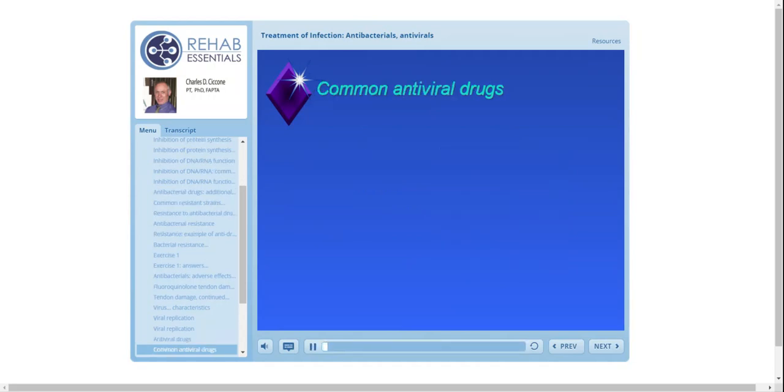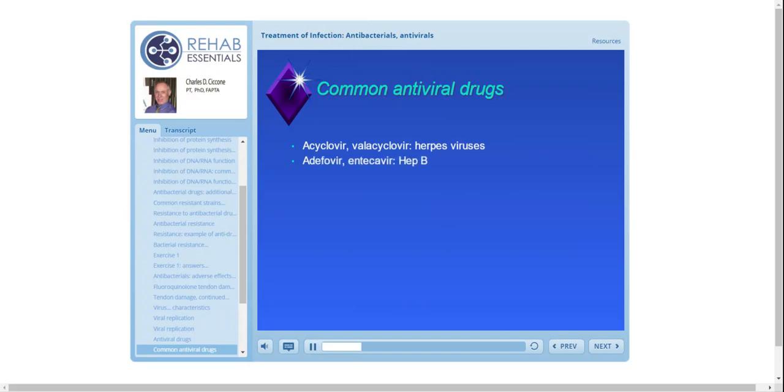So what we've done is gone from several hundred antibacterial drugs to really only a handful, relatively, of common antiviral drugs. And I'll just give a list here of drugs like acyclovir, valacyclovir, which are helpful in herpes viruses.